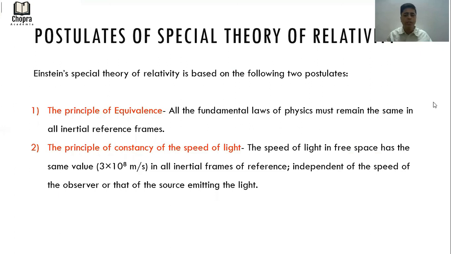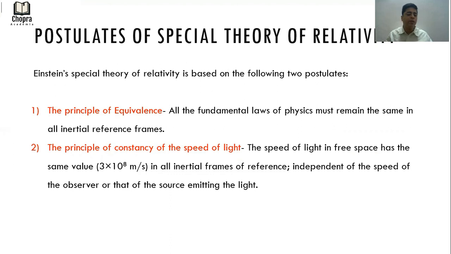The second postulate is the principle of constancy of the speed of light. The speed of light in free space has the same value, 3 into 10 to the power 8 meter per second, in all inertial frames of reference, independent of the speed of the observer or that of the source emitting the light. We can also write this as c dash is equal to c.